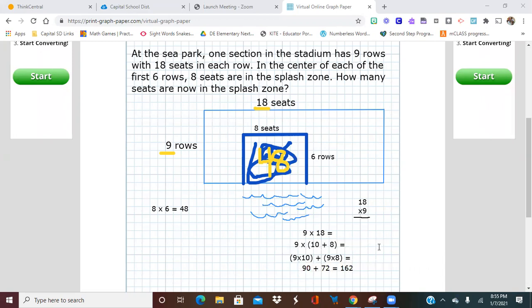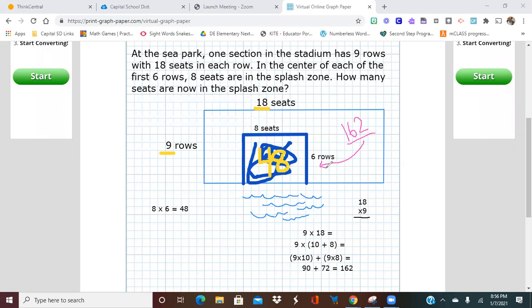So this tells me I have a total of 162 seats in the entire auditorium. Okay, 162 altogether. This 162 includes these 48.